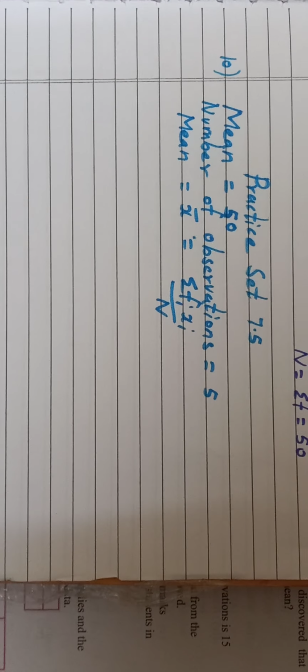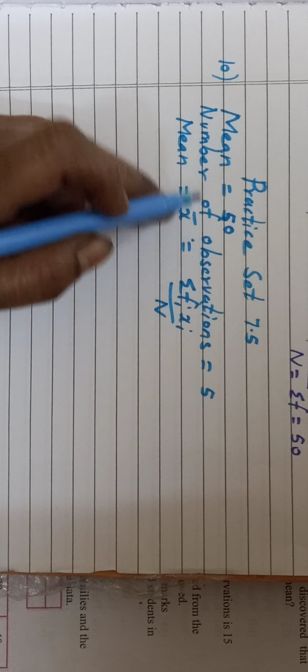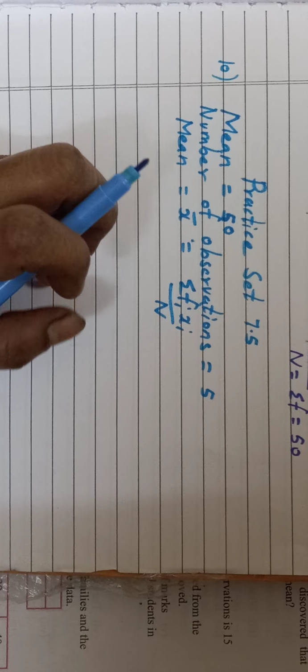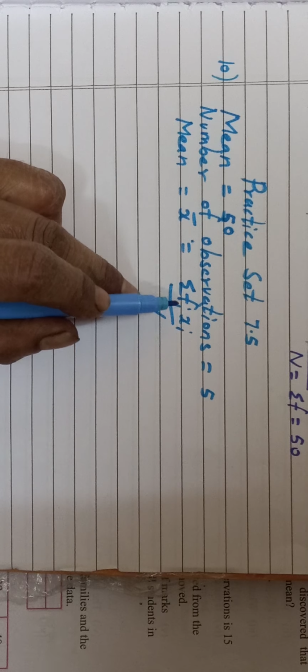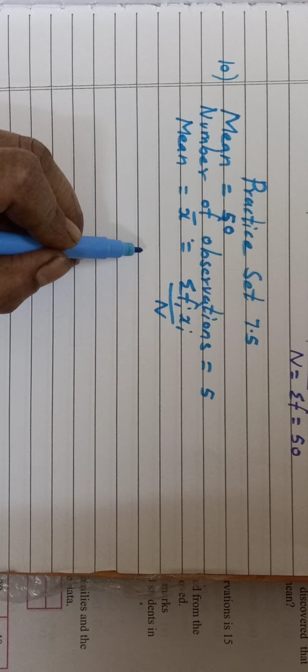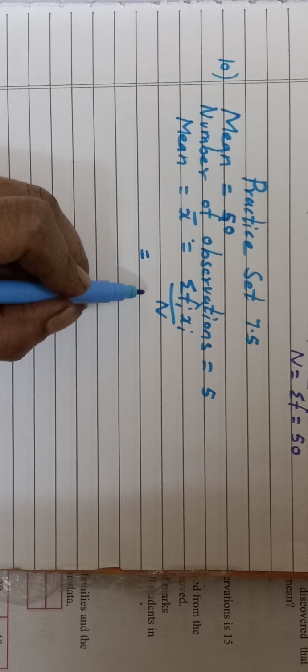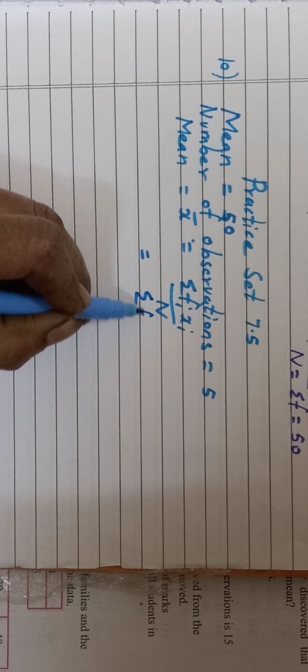So here I have written mean is equal to 50, that is given to you, and number of observations is 5. So this formula, mean is equal to x bar is equal to summation fi xi, sum of all the observations, divided by number of observations. Do we know the summation fi xi?